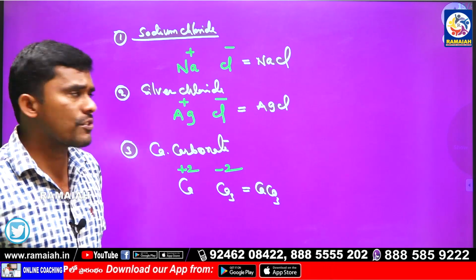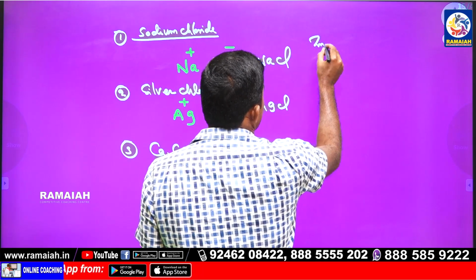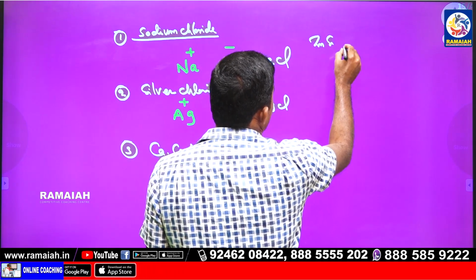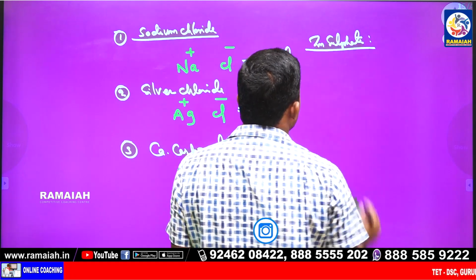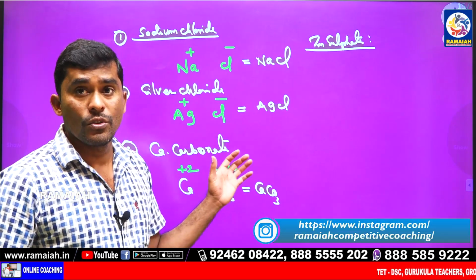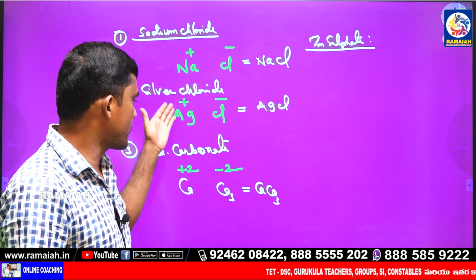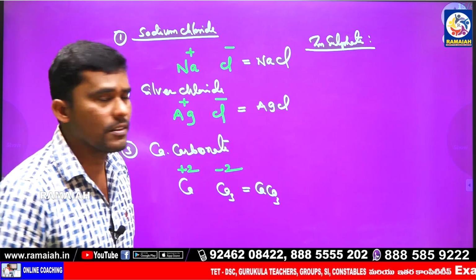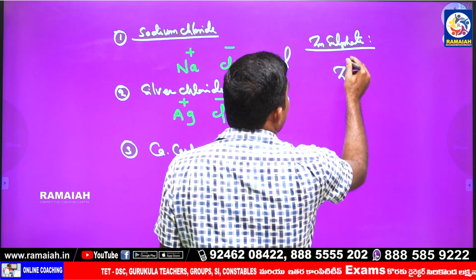For example, zinc sulfate. How to write the formula of zinc sulfate? First of all, we write the cations: Na+, Ag+, Ca2+. Zinc is Zn2+.